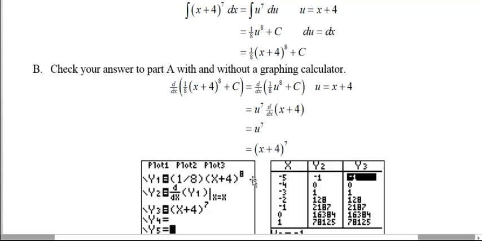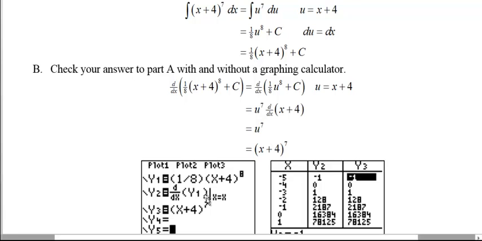I left off the plus c, but you should be able to put in plus any number you want there, and this should still work. So we take that and put it in y1. y2 is always the derivative of y1 with respect to x. That might be on your calculator if you have an older one as nderiv of y1 comma x comma x.